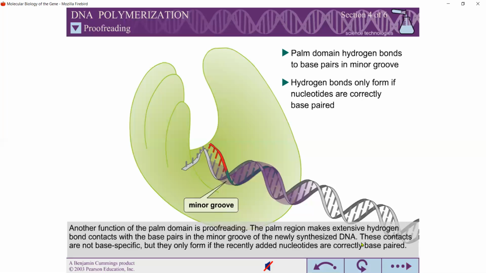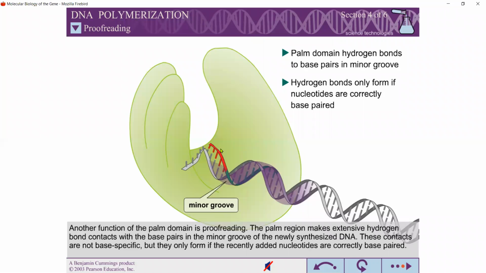But if there is a nucleotide that has not been correctly oriented, what happens? These hydrogen bonds cannot be formed. So the polymerase understands that a wrong base has been inserted into the growing DNA.